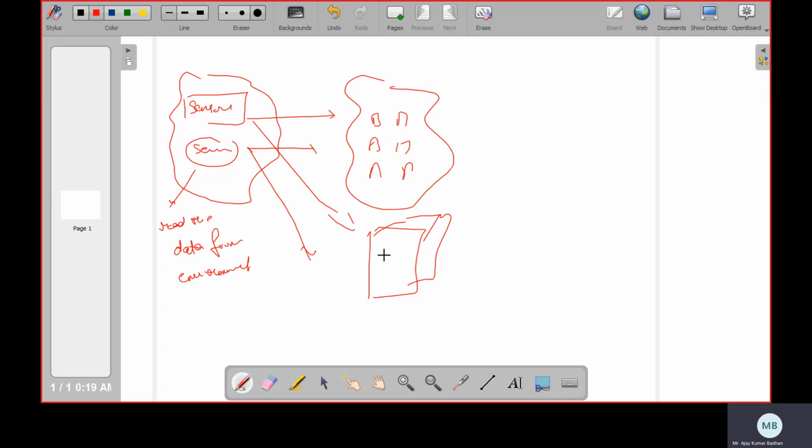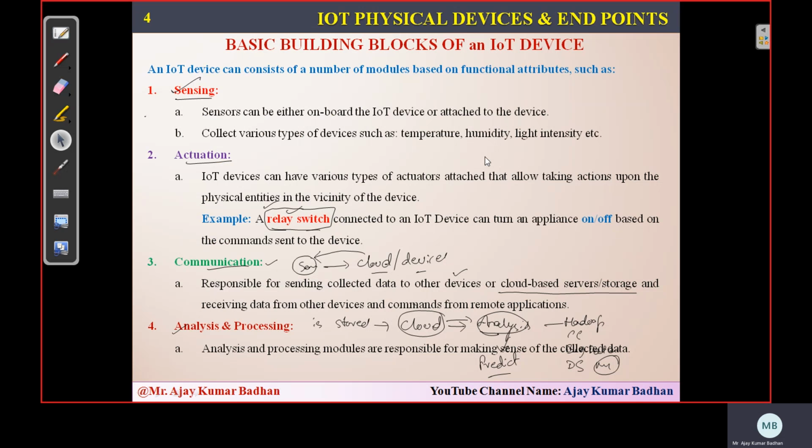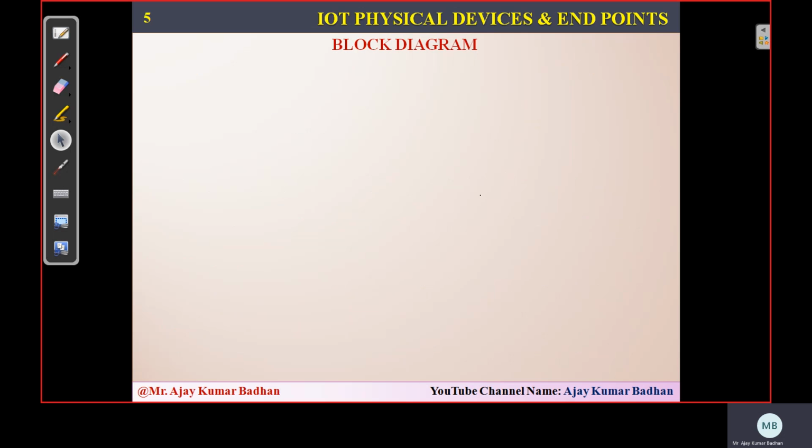So this is the cloud where the data is actually stored. Here, sensing, actuation, communication, and analysis.